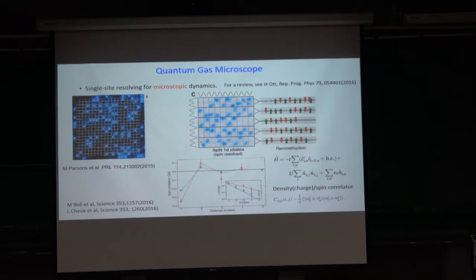For example, you can directly measure the 2-atom correlator, that kind of microscopic quantities. And even you can prepare atom in 2 different states. So you can study spin or density or spin charge, that kind of physics very well.